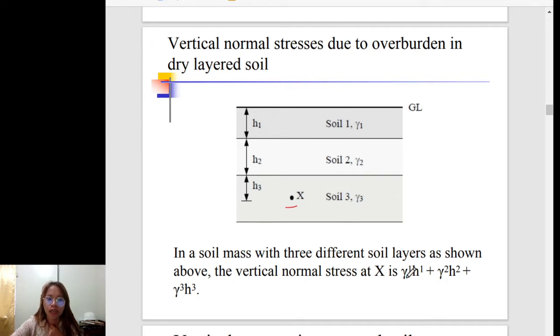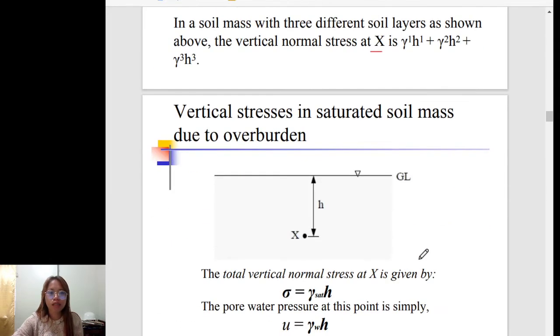The vertical normal stress at x is equal to the stress at soil 1, which is the unit weight of soil 1 times its height, plus the unit weight of soil 2 times its height, plus, at x, the given h sub 3 at soil 3, so the stress at this portion is gamma sub 3 times h sub 3. So that is the total vertical stress at x.